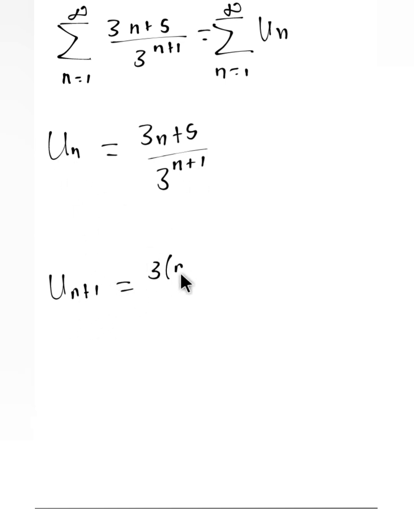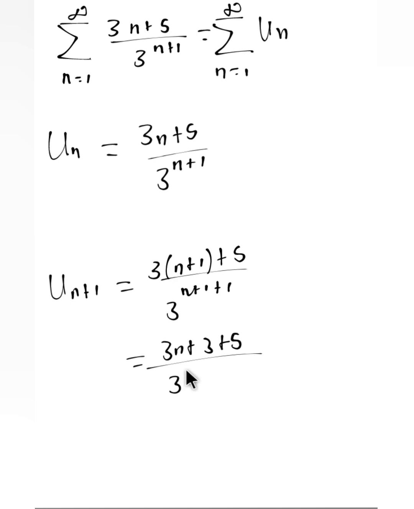So we have 3 bracket n plus 1 plus 5 over 3 raised to power n plus 1 plus 1. If we simplify this, it is 3n plus 3 plus 5 over 3 raised to power n plus 2. And this gives us 3n plus 8 over 3 raised to power n plus 2. So this is un and this is un plus 1.